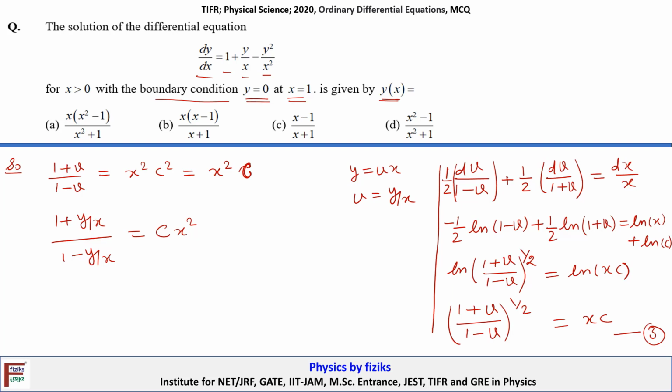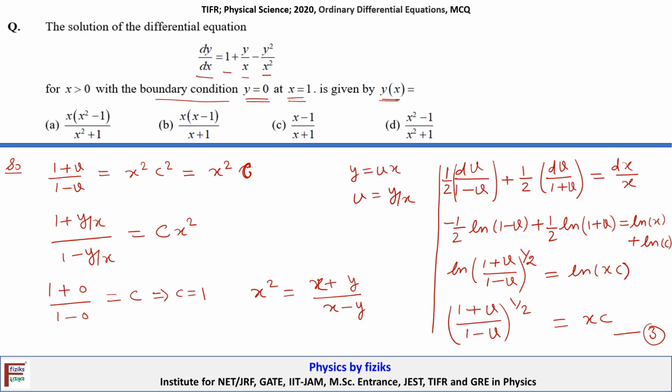Substituting x is equal to 1 and y is equal to 0, we can write 1 plus 0 divided by 1 minus 0 is equal to C. That gives us C is equal to 1, and from here we can write x square is equal to x plus y by x, and this can be written as x minus y by x, in which x in the denominator is also cancelled with the numerator, and this is the value of x plus y and x minus y.